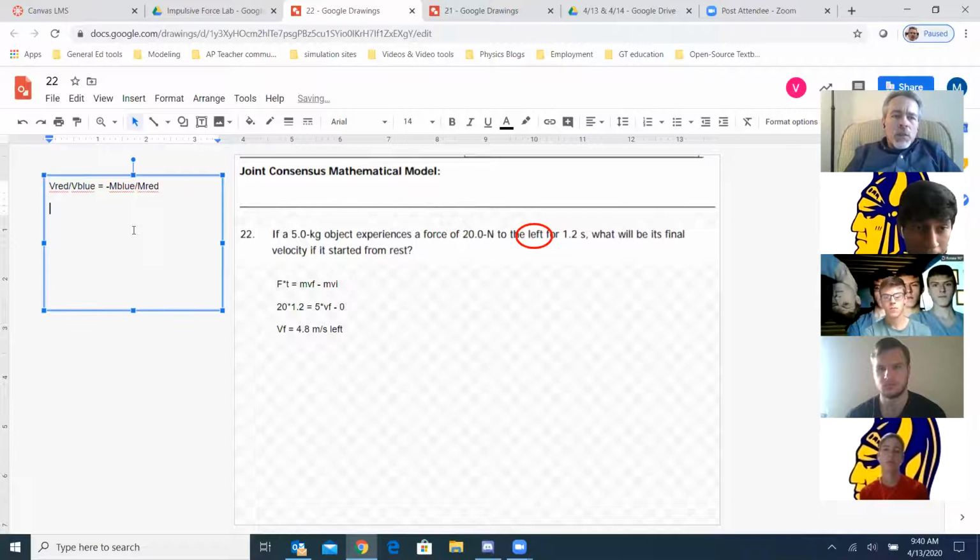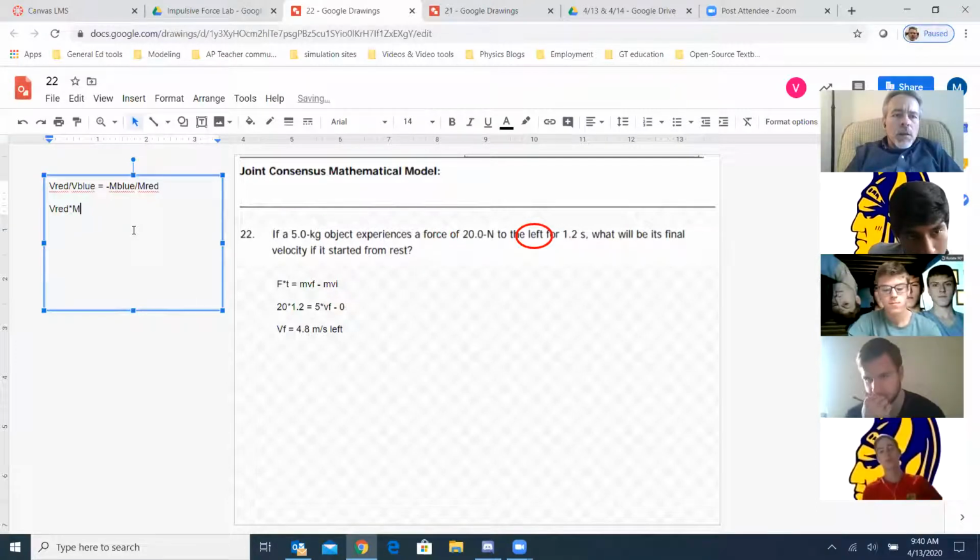And I said that I didn't really want to deal with any kind of ratios, and so we rewrote this as velocity of the red times the mass of the red equals the negative mass of the blue times the velocity of the blue. And we went a little bit further and we actually called this new thing of mass times the velocity momentum. So it was the momentum of the red was equal to negative momentum of the blue.